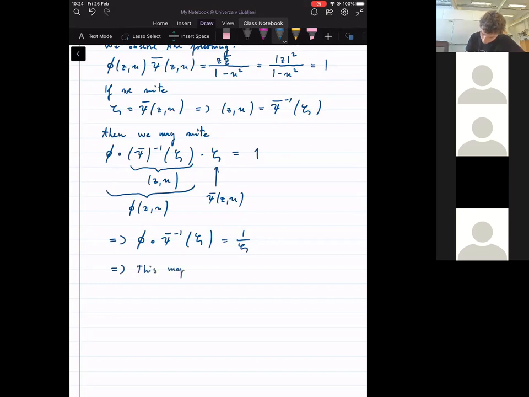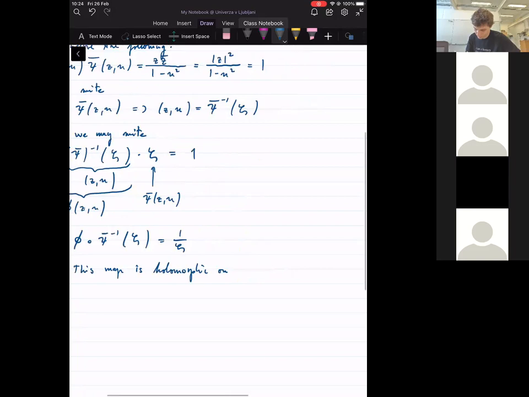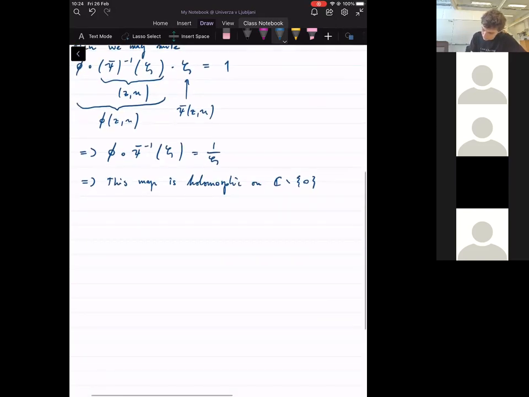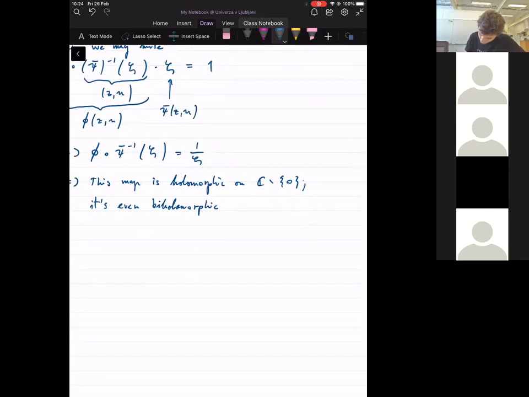This map is holomorphic on the complex plane without 0. It's even biholomorphic since it is its own inverse.